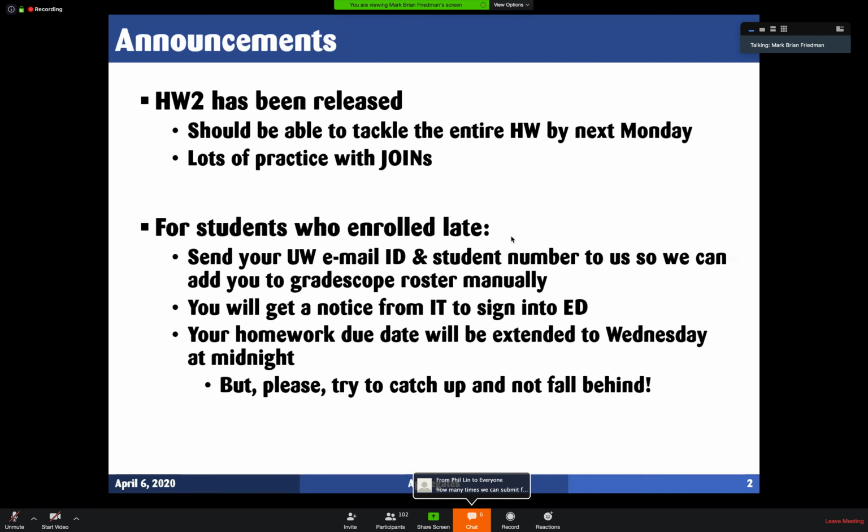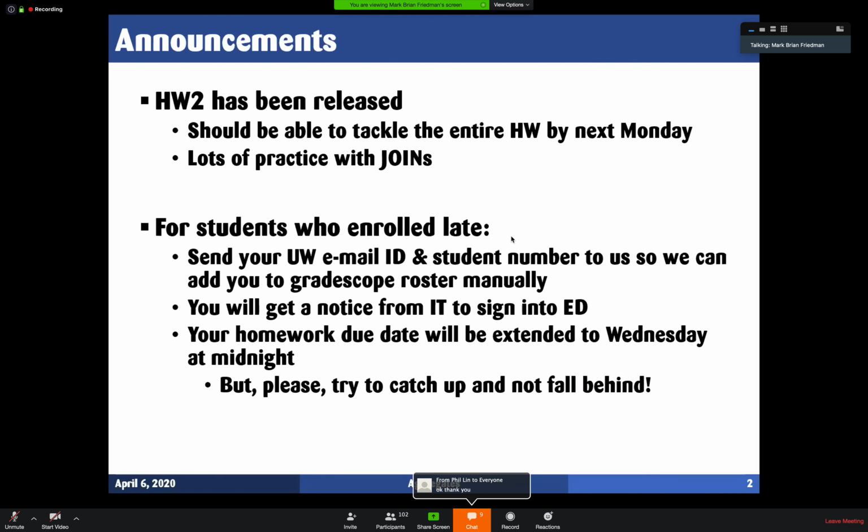But we need your UW email because they are linked, and your student number, and then we can add you. So anybody that's not there, we've probably gotten them all through the weekend and through today, but if there's anybody missing, let us know. As far as the discussion board is concerned, you'll get a notice from IT. That is something they do, and then it allows you to sign on to Ed. I think everybody's gone through that, but if you haven't, talk to us or we'll refer you to the help desk.